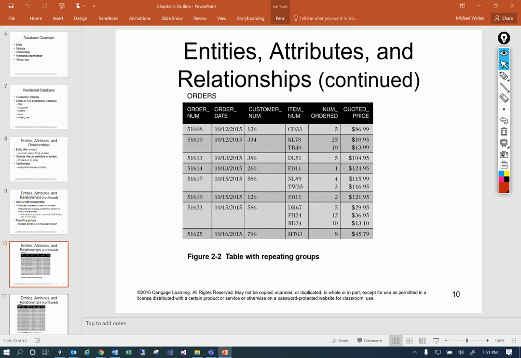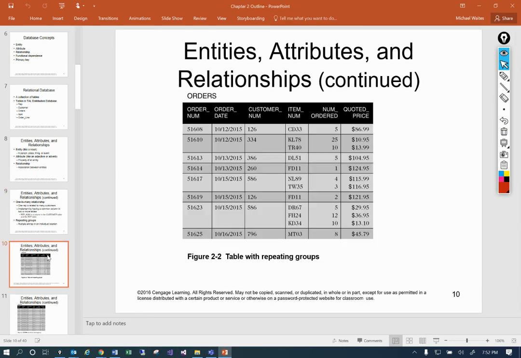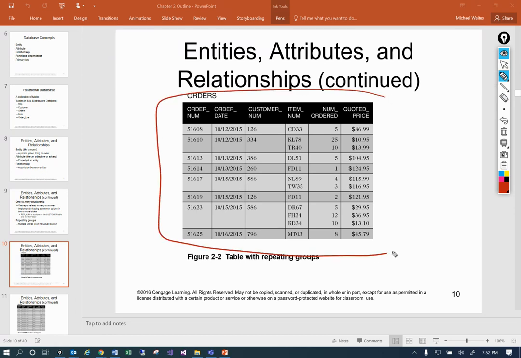All right. Let's put some of the things we just talked about together. We talked about an entity. So this table itself is an entity. The attributes: every single one of these columns is an attribute.